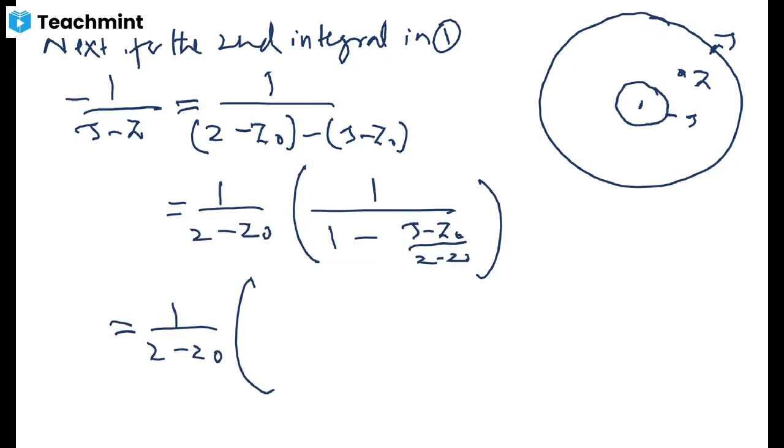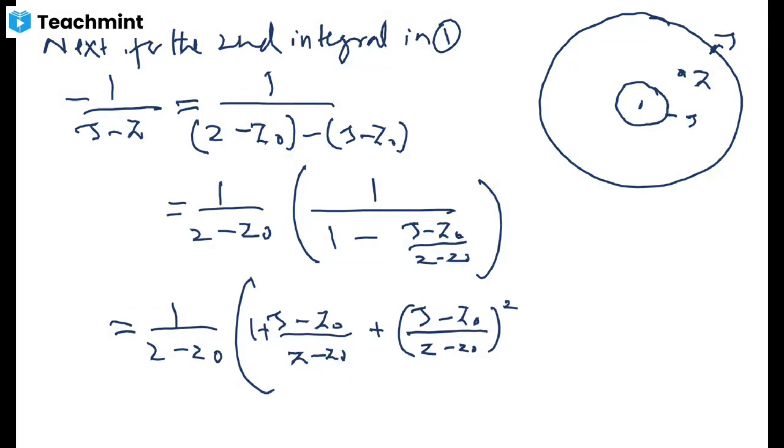It will be 1 plus zeta minus z naught upon z minus z naught, plus zeta minus z naught over z minus z naught square, plus so on.